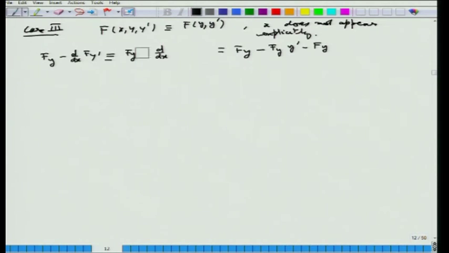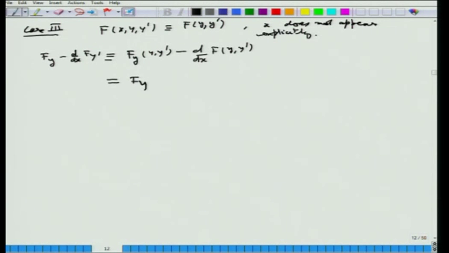So let me rewrite it again. This f_y, which is also a function of y and y', minus d by dx of f_y'. We will not write the dependence on y and y' here explicitly, and so this is d by dx of this thing.